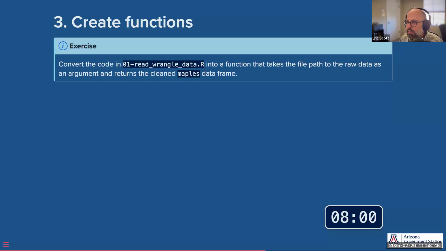And at the very end, it's going to spit out the Maples data frame. So take a moment to try that out. I'm going to set a timer here. If you get stuck, that's okay. We'll go through it together once you've given it a chance. But give it a try.